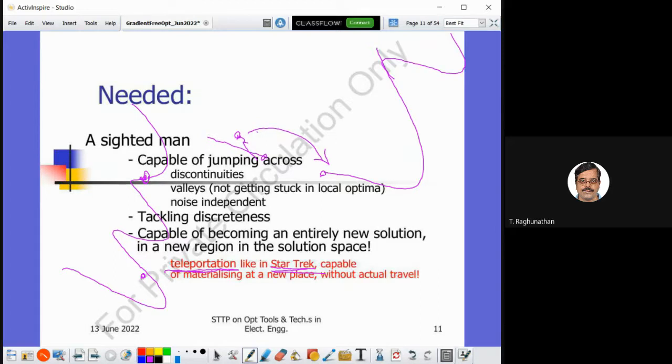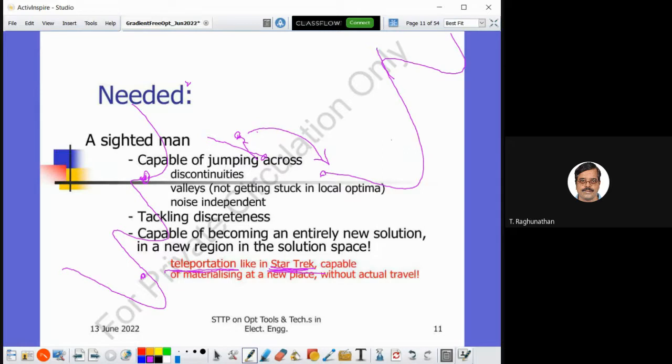In those days, on Sundays there used to be a serial known as Star Trek, in which there was a spaceship, the USS Enterprise, I think. Then there was a captain. When they are in space, without physically going, they could reach the surface of any planet they wanted to reach.